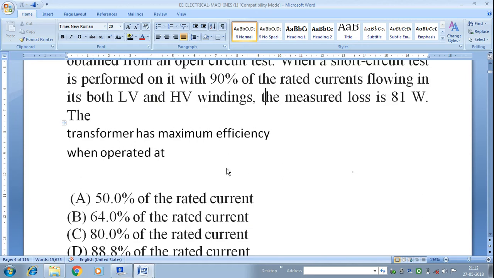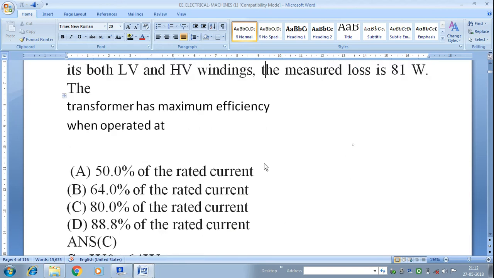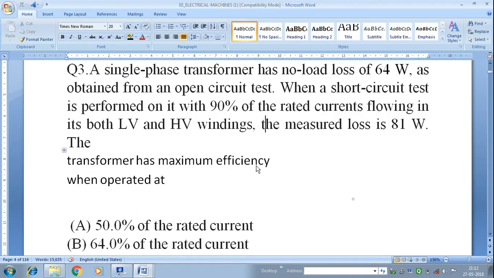So we have to calculate the maximum efficiency. If we understand the question bit by bit, then you can find out the solution easily. So it is very important first to understand the question.